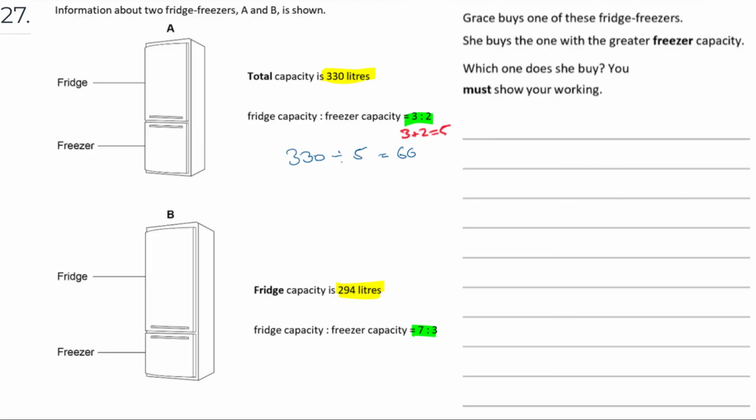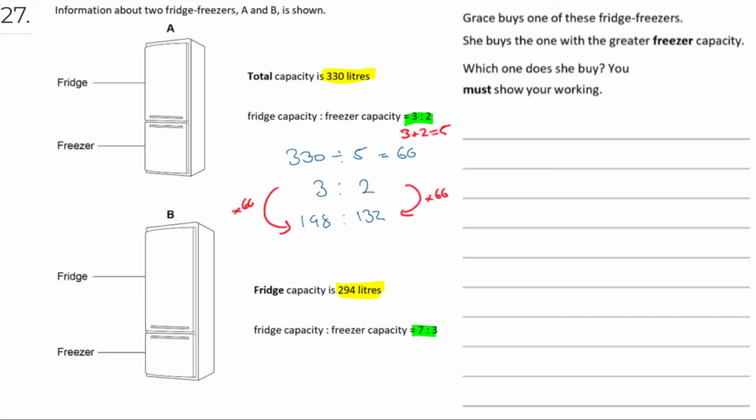Then if I take the original ratio 3:2 and scale it up by a factor of 66, it should give me the capacity of each part of the fridge. The fridge part is 3 times 66, which is 198. And the freezer part is 2 times 66, which comes out to be 132.